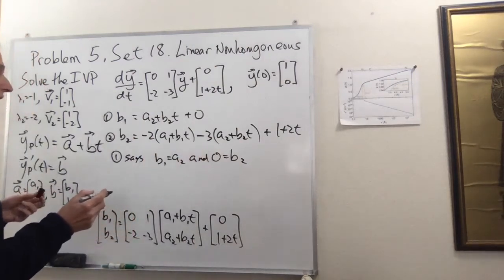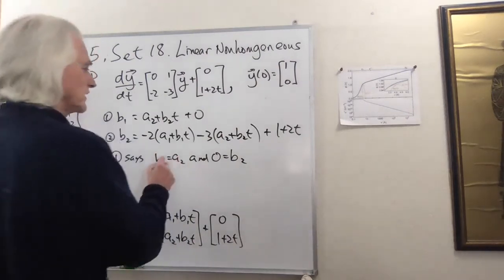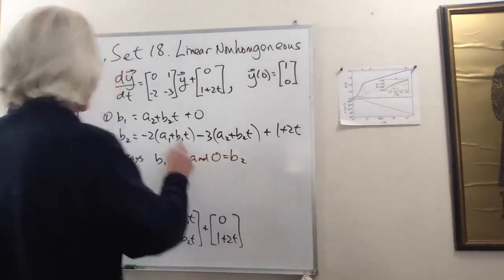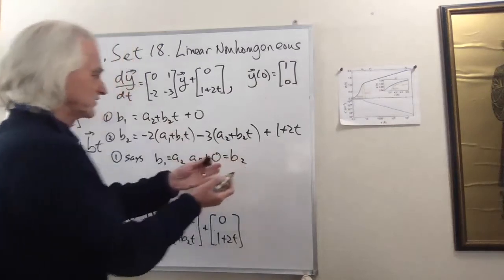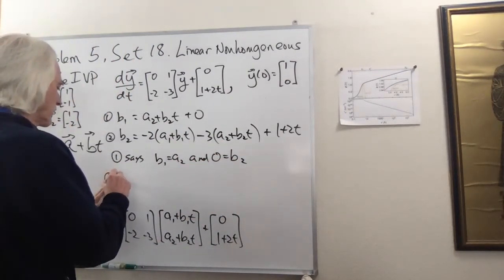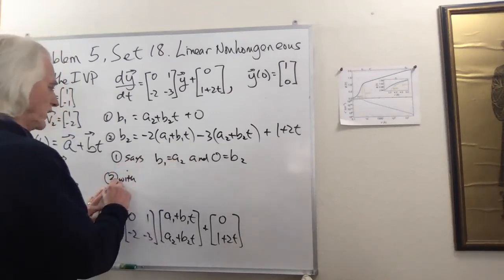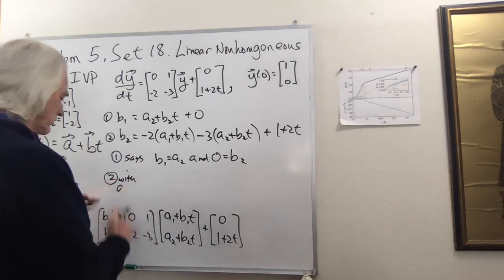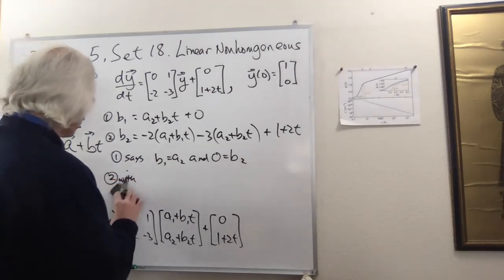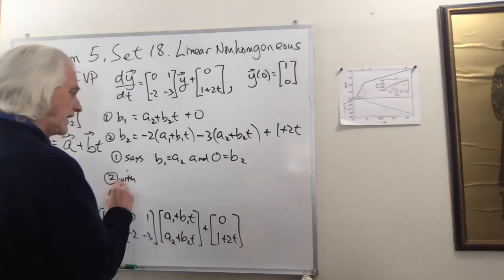Okay? So in fact, I wrote 0 as B2, but that's really B2 is 0. Let's just get rid of the B's and keep only the A's here.